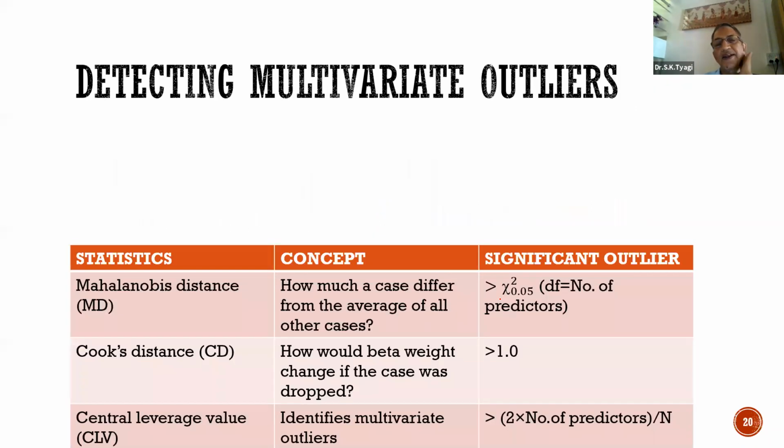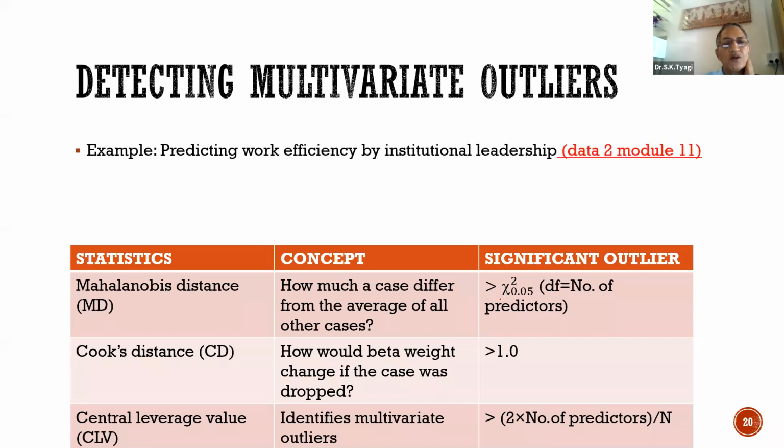This is detecting multivariate outliers. Now, how to find out outliers? So we are taking an example. We are predicting work efficiency by institutional leadership.